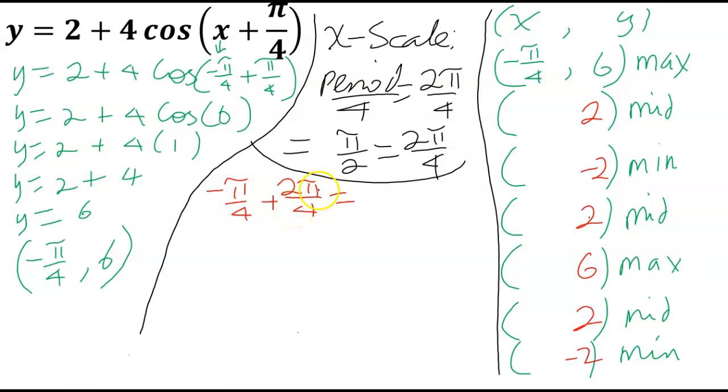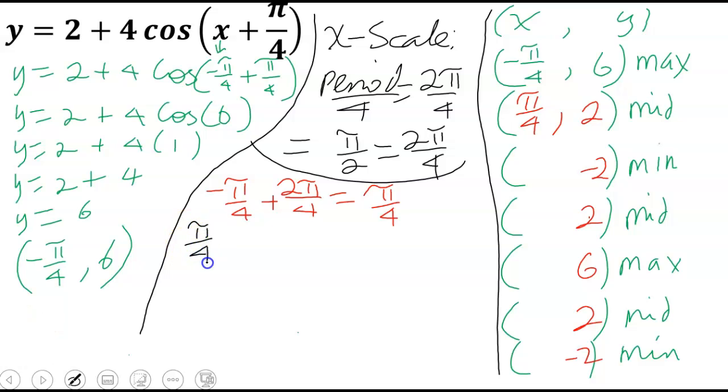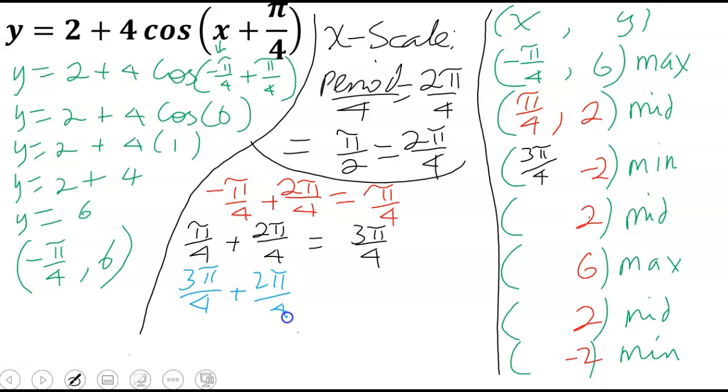So this one has the same denominator, negative 1 plus 2 is positive pi over 4. So this is going to be positive pi over 4. And so we take that again, positive pi over 4, we add another 2 pi over 4, we get 3 pi over 4. Then we take that 3 pi over 4, we add on 2 pi over 4, we get 5 pi over 4.